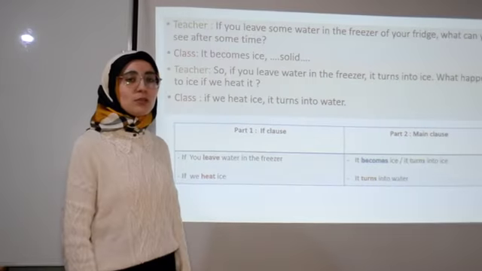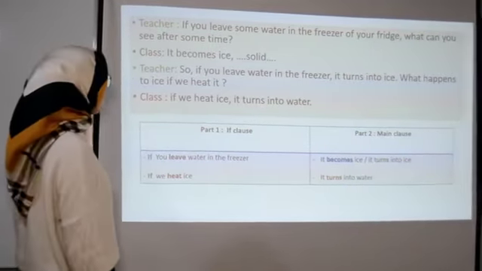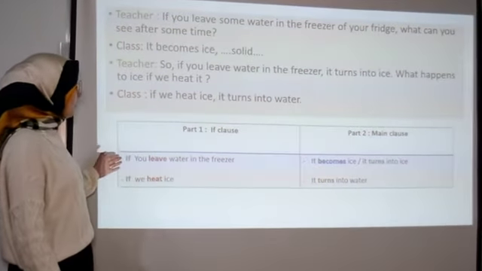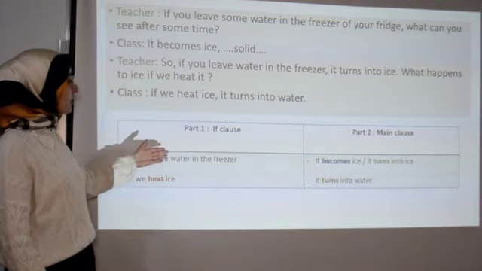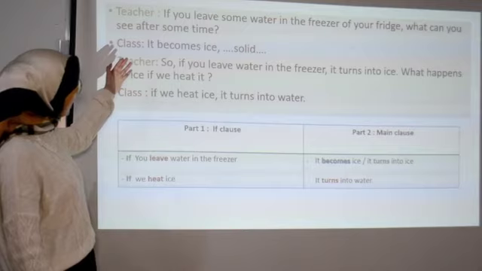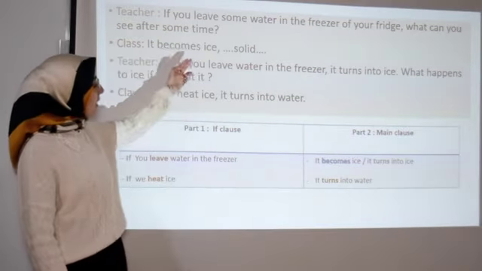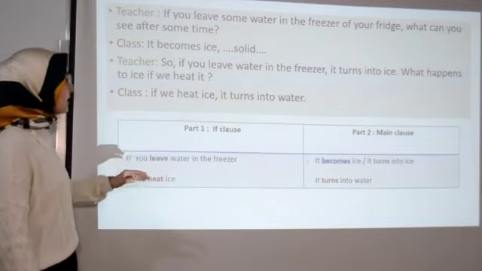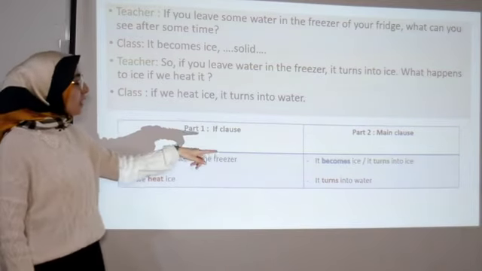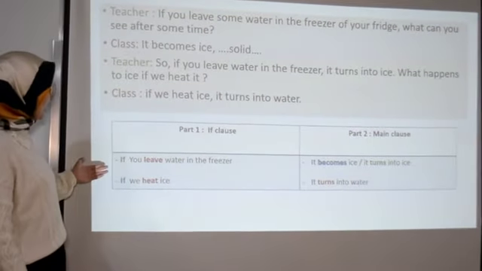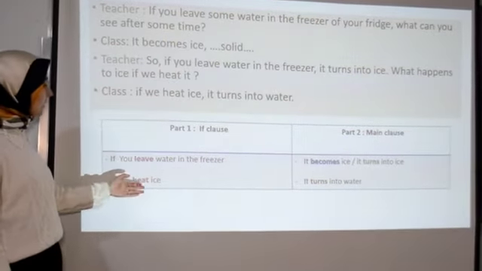We move now to the correction. Here is the dialogue and here is the chart. Part 1, if you leave water in the freezer, so what is the part 2? From the dialogue, we have it becomes ice or it turns into ice. Great, I gave you the part 2, it turns into water. What is the first part? It is if we heat ice.